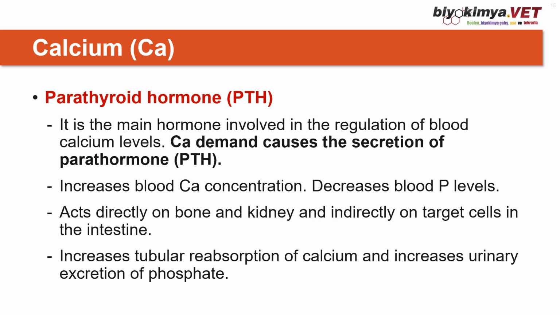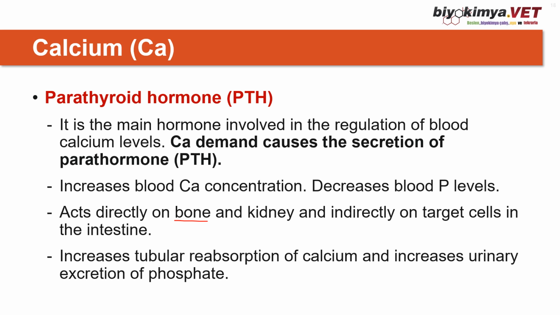It increases tubular absorption of calcium and increases urinary excretion of phosphate. It acts on bone to mobilize calcium because bones are the storage of calcium, so bone can supply calcium to the body for a while if there is a lack of calcium in the diet.